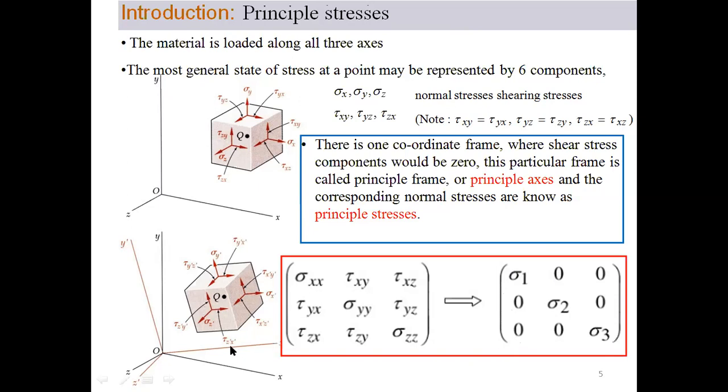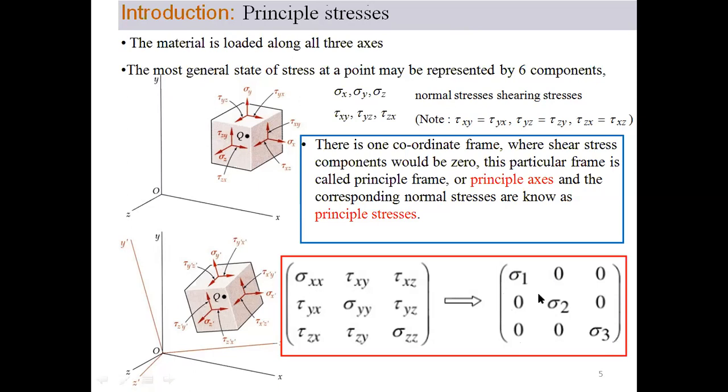So that particular coordinate frame is known as principal coordinate frame. And those particular axes are known as principal axes.